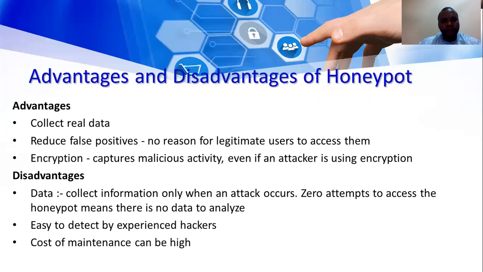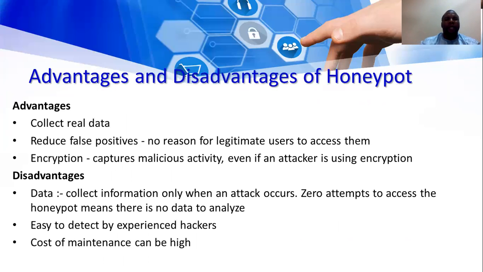What are the advantages and disadvantages of honeypot? The advantages are: one, a honeypot can help us to collect real data. For example, the account that Twitter deploys can collect real data from Twitter users.